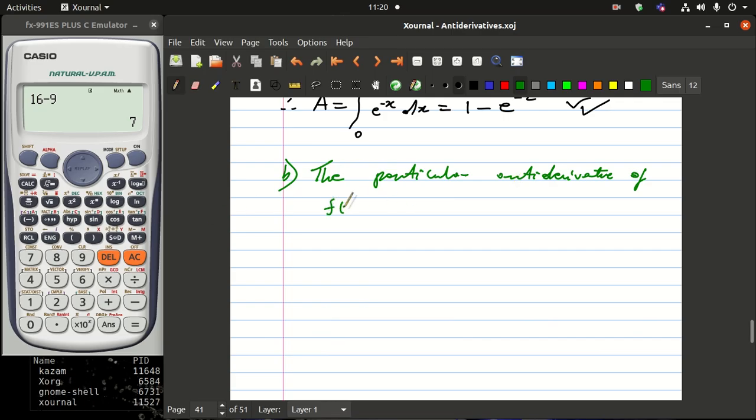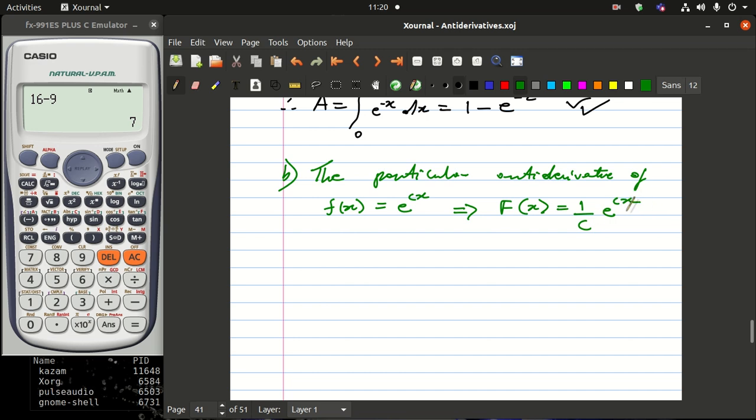Let's say we have f of x, and f of x is equal to e raised to c of x. So if we are having that, the antiderivative of that is supposed to be, if you remember when we were doing the particular antiderivatives, 1 over c times e raised to cx.